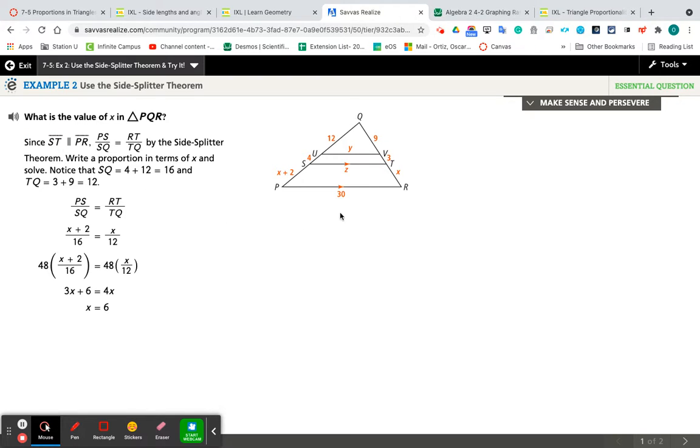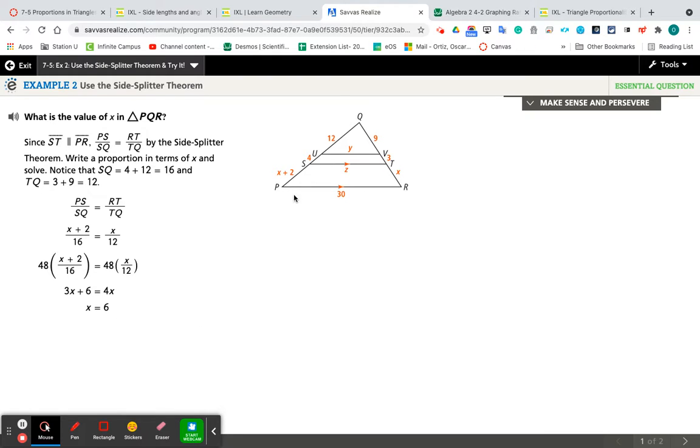And knowing that line segment ST is parallel to the side PR, we can establish a proportion such as PS is to SQ as RT is to TQ, the two segments on each side of the triangle. So when we replace the information in the diagram, PS equals x plus 2, SQ equals 16, RT is x, and TQ is 12. If we solve this equation, we find out that x equals 6.